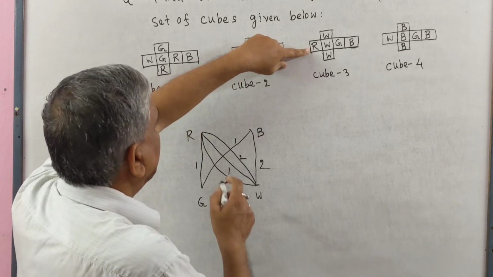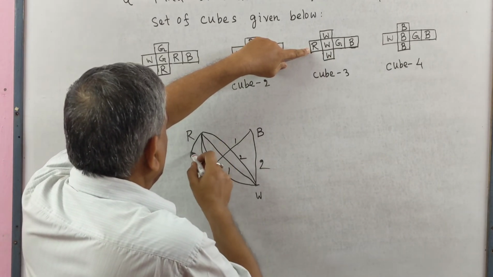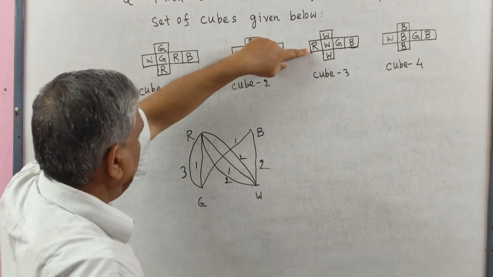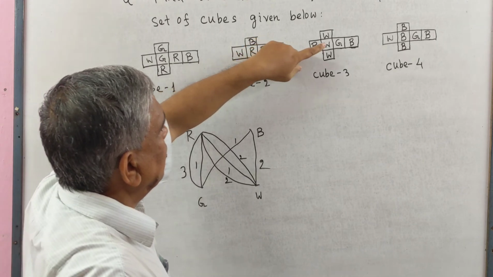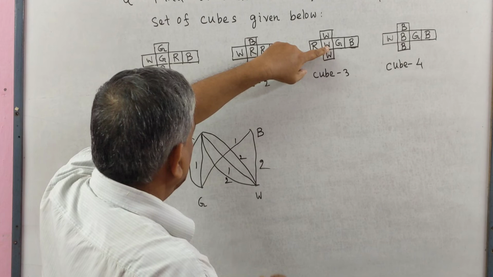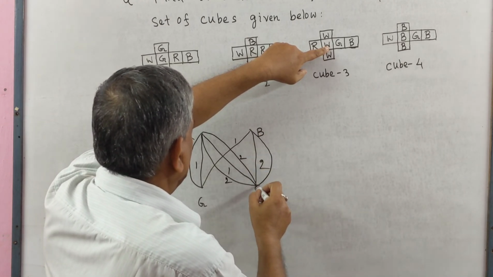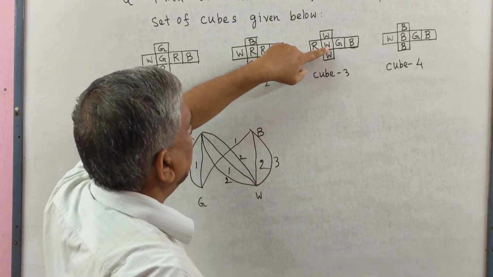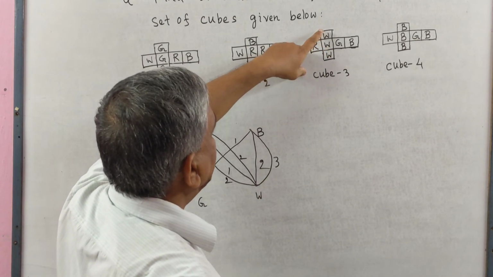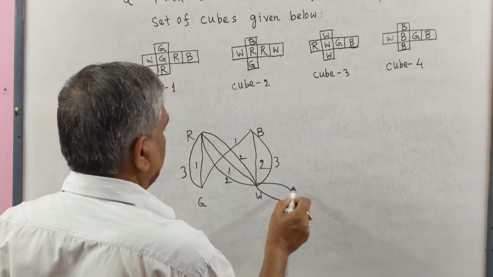For the third cube, left R and right G. Here third cube, R and G. Front W and back B, W and B. We give 3. W and W, top and bottom. This is 3.